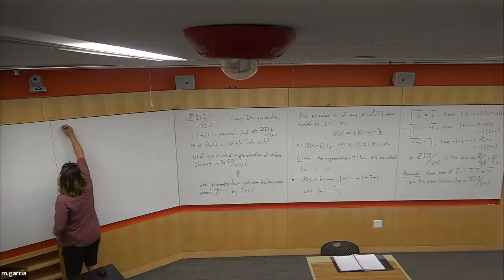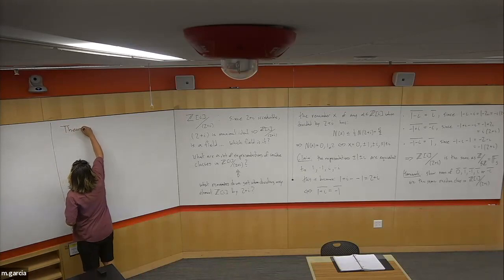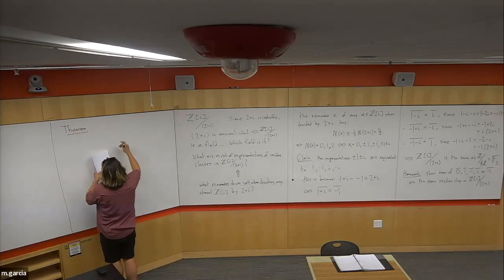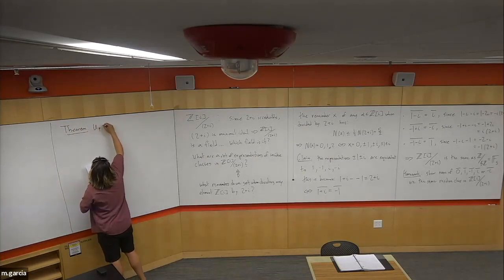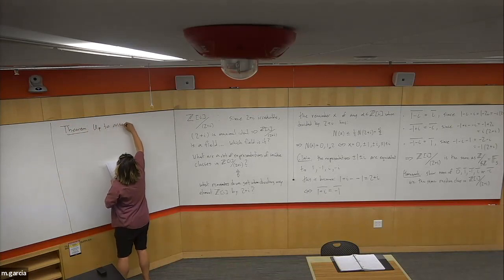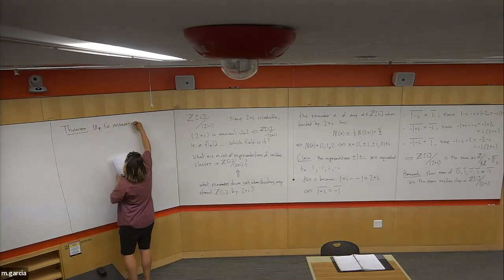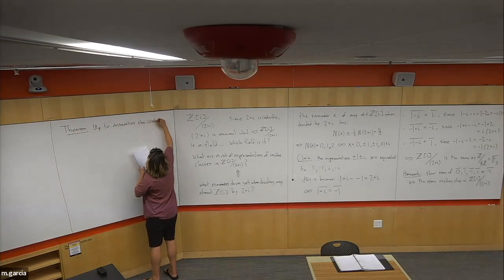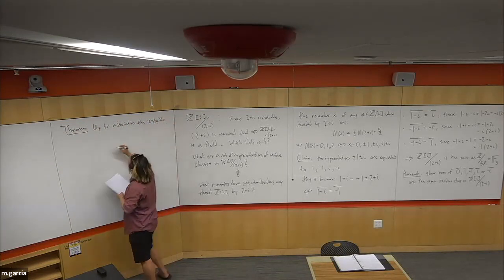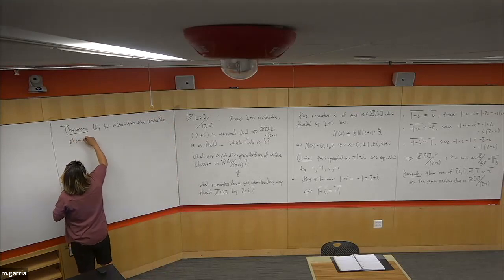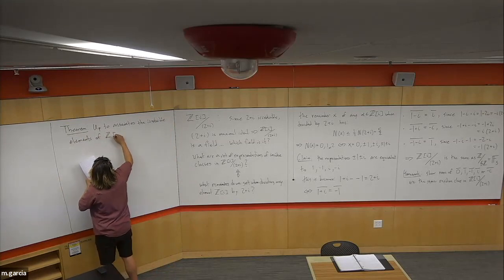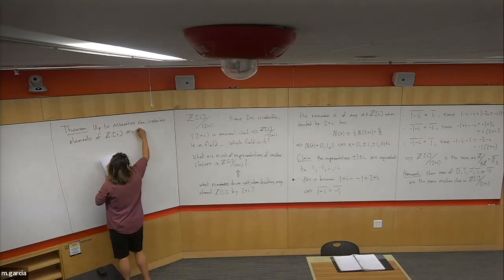So we'll make a similar classification for the Gaussian integers. So I'll say up to associates the irreducible elements of the Gaussian integers are as follows.